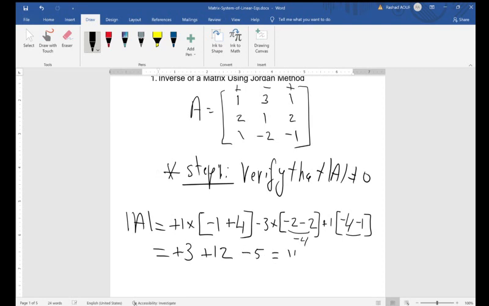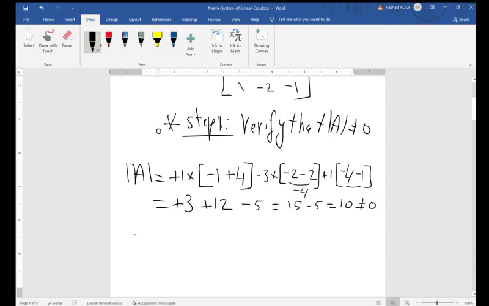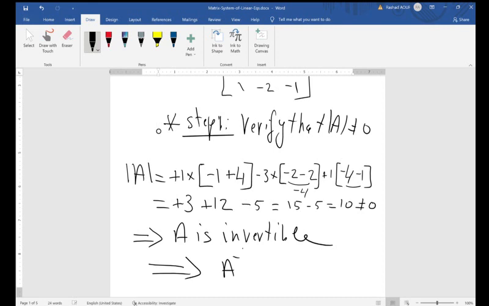It's equal to 15 minus 5 equal to 10, different from 0, which means that A is invertible, meaning A minus 1 exists.